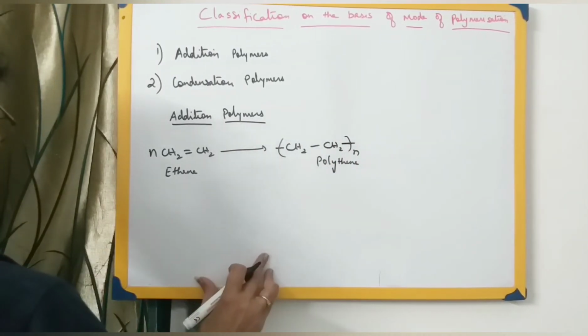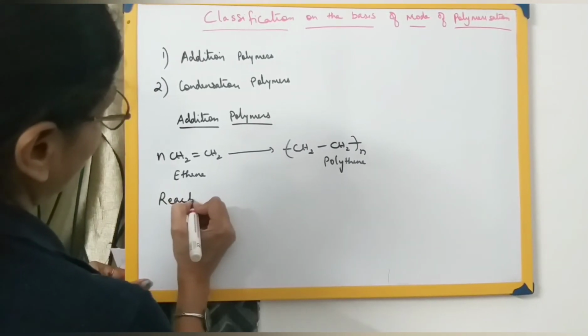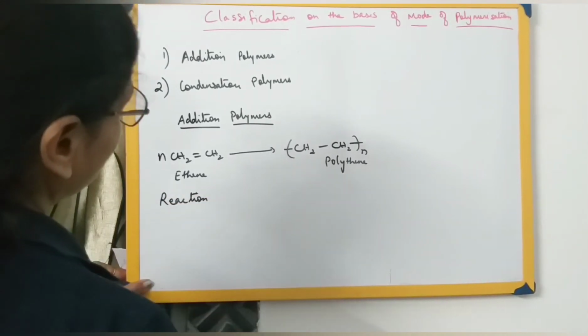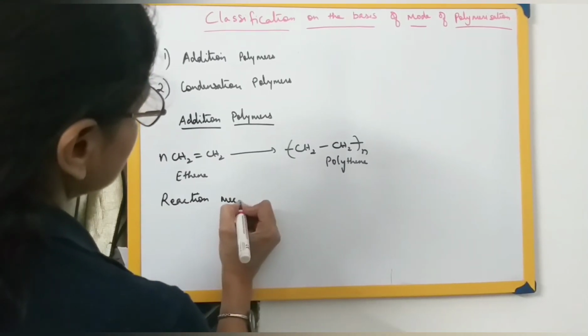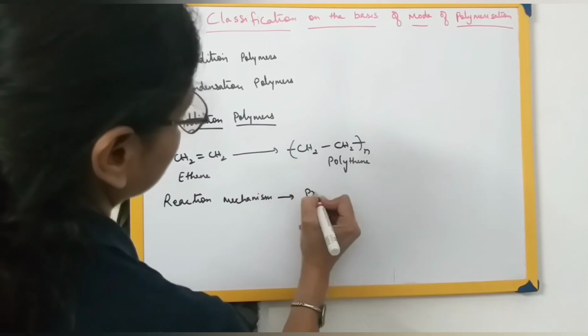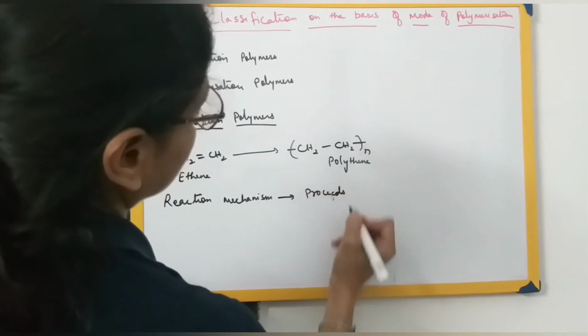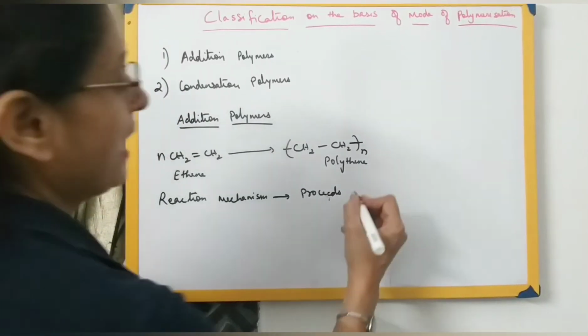When they are joining up, there is a reaction mechanism. How does it occur? This reaction occurs through a certain mechanism, which proceeds through formation of certain active centers.